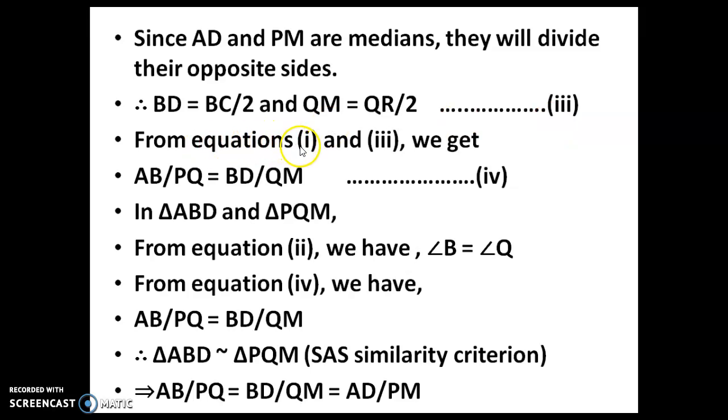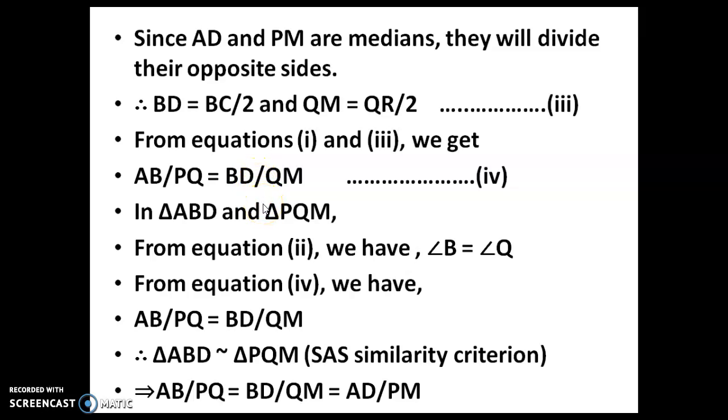From equation 1 and 3: in equation 1 we put equation 3. Instead of BC, we can write BD, and BD by QM. If you substitute, the 2 will get cancelled, so you will be left with BD by QM only.